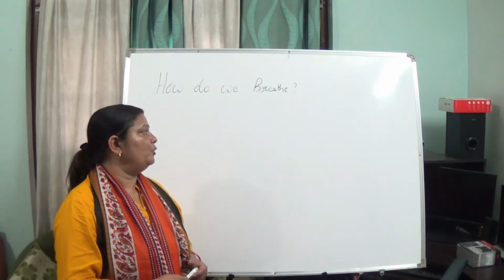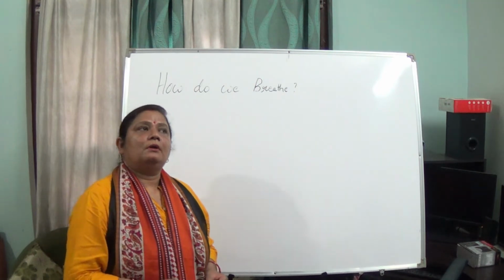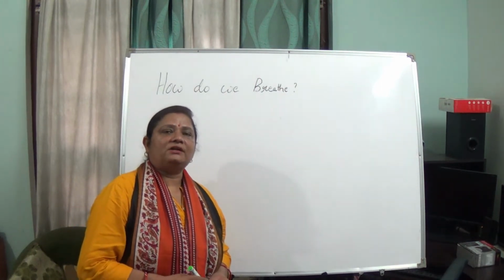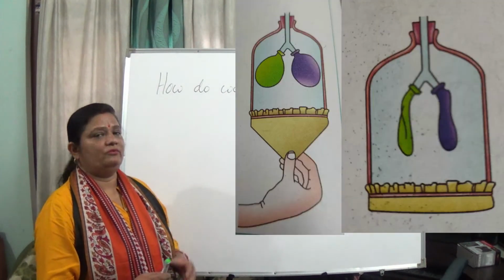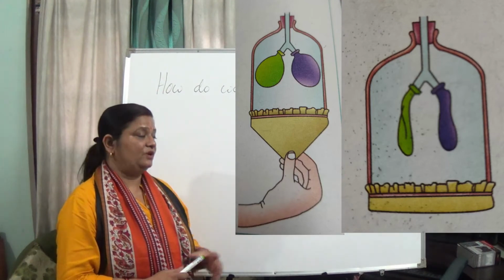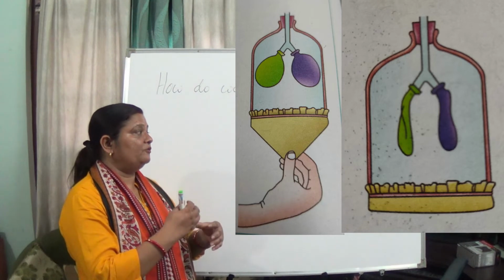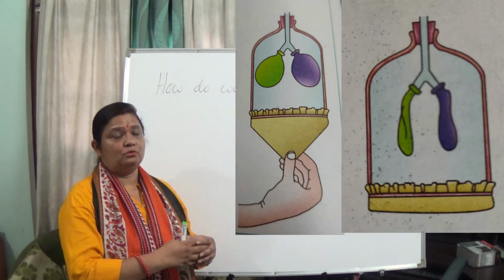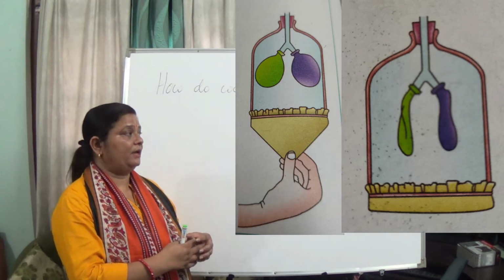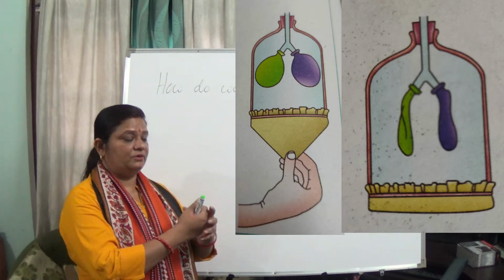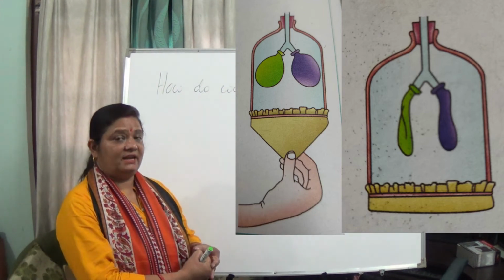In the book you can see one experiment with a bottle and balloons. We are trying to explain the activity which goes on in the lungs. Here, when we pull the rubber, it is like the diaphragm going down in respiration.